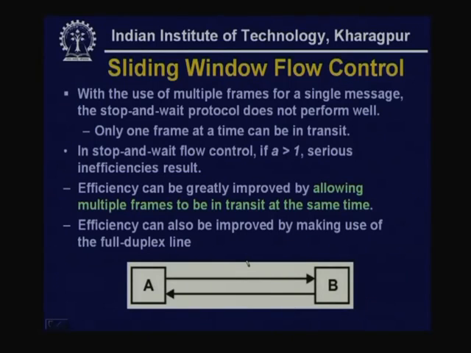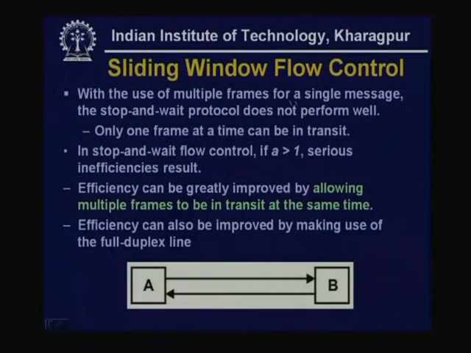And this problem can be overcome by using sliding window protocol. The main limitation of stop and wait protocol is that at a time only one frame is in transit. As we know, normally a single message is divided into a number of frames. Whenever short frames are sent, the transmission time is small, and that is used so that errors do not occur and for various other reasons.